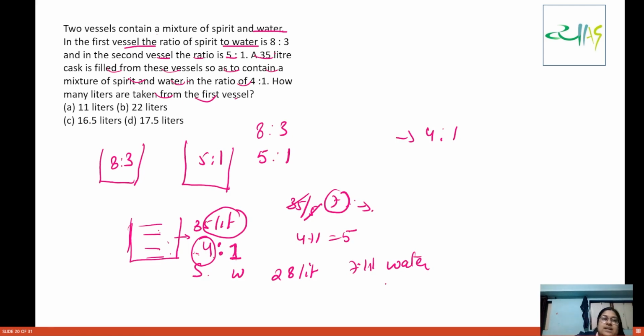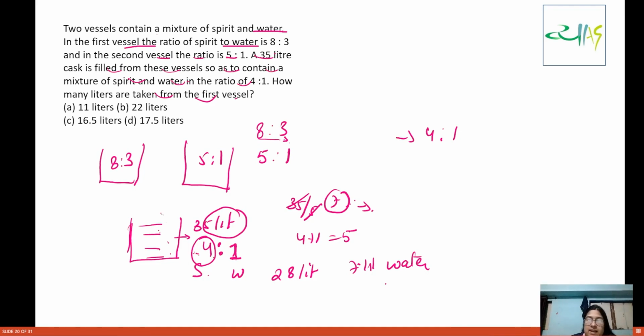Now it is asking how many liters are taken from the first vessel. Now see, whenever this is contributing, let's say this is 35 liters.